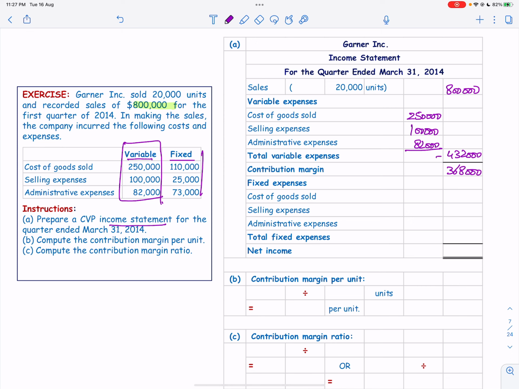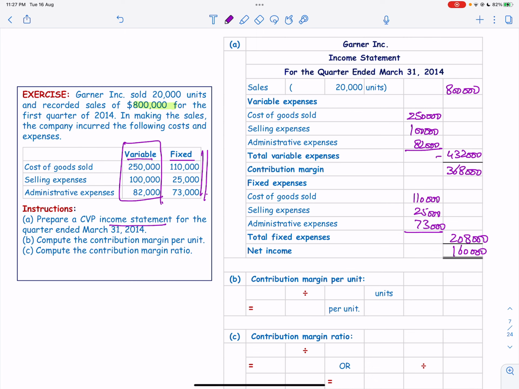Then we have the fixed expenses: 110,000, 25, and 73. So the total fixed expenses are 208,000 and the net income will be 160,000.